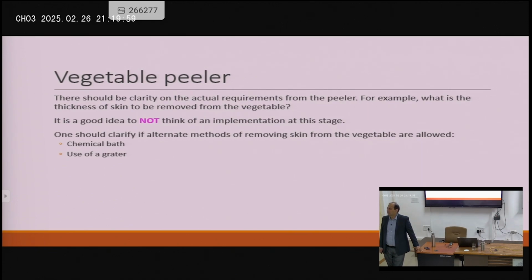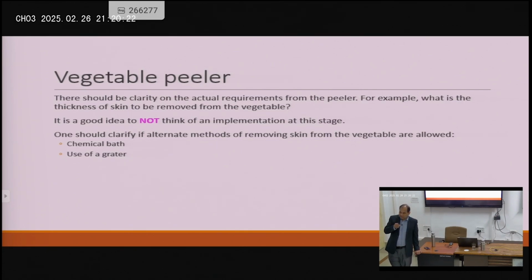Somebody can use a grater, right? A rough surface, you just rub it against a rough surface and the skin gets removed. So you can go back to the customer and have them clarify, is this allowed? Can we do this? Customer said, oh, no, I don't want chemicals near my food. Or they might say, grater is too complicated, I don't want graters. Okay? Then you remove those things.